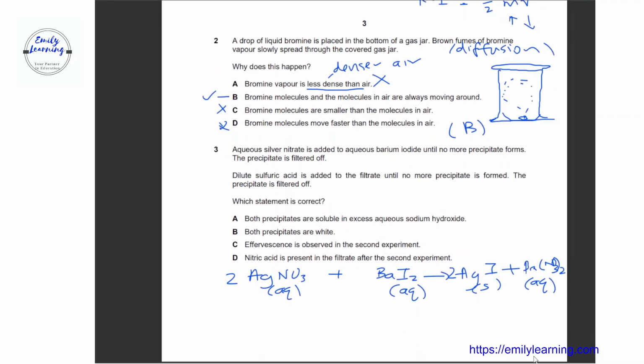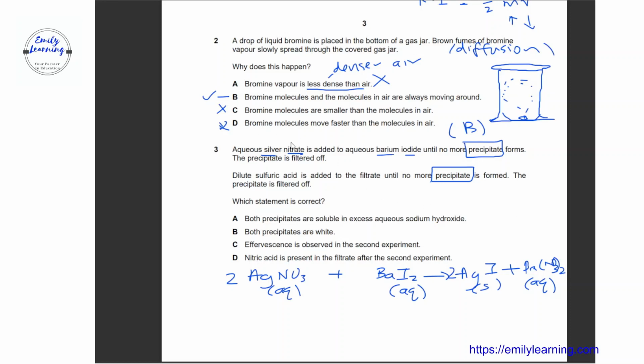Next, they will also add sulfuric acid until no more precipitate is formed. So you'll be wondering, what is sulfuric acid used for? Whenever you see the word precipitate, I want you to think of insoluble substances. Let's look at the first sentence here: you have silver, you have nitrate, you have barium, you have iodide. Think of what is insoluble and what can mix together to be insoluble.